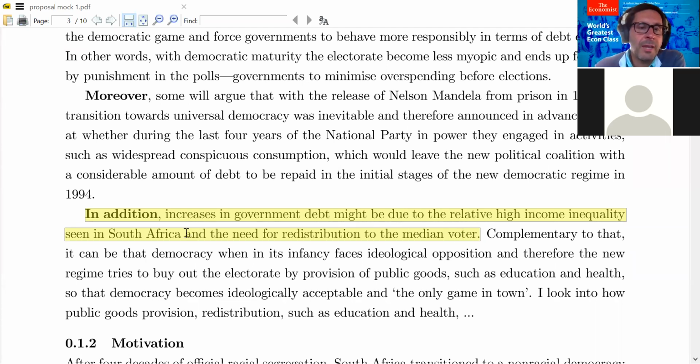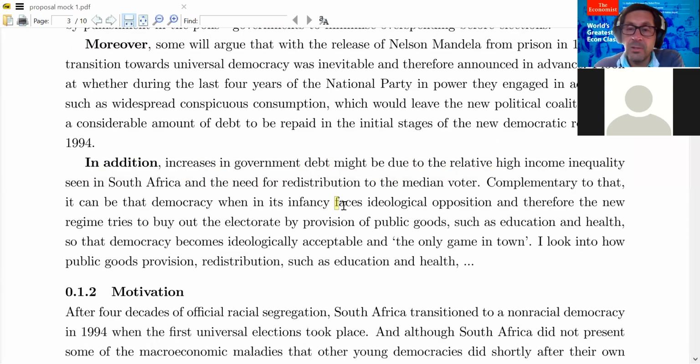Complementary to that, it can be that democracy, when in its infancy, faces ideological opposition. Again, folks, this is very common, right? It's not compulsory to believe in democracy. Some people don't believe in democracy. Period.